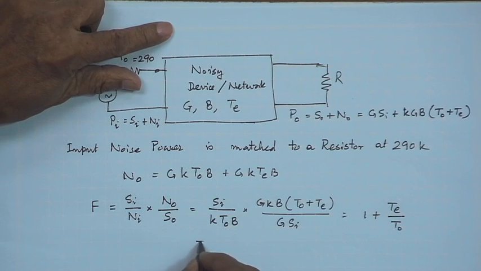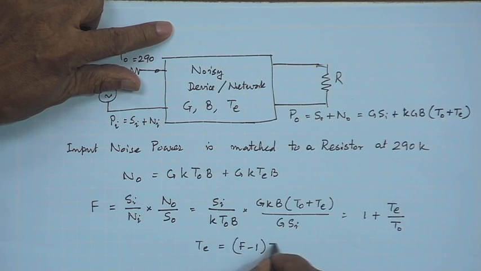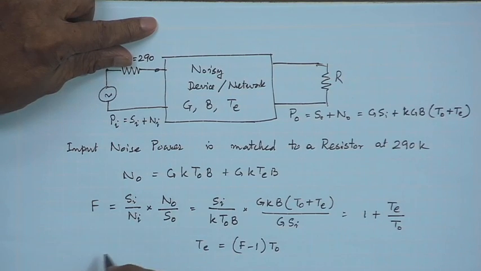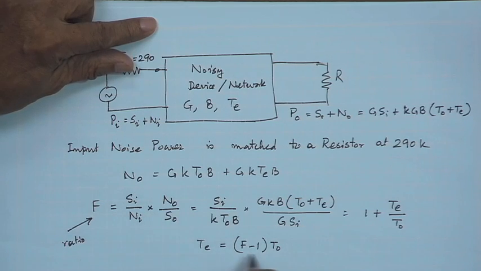or the effective noise temperature of the device can be put in terms of F minus 1 into T0. Remember, for all these calculations, this term F is a ratio, not in dB.